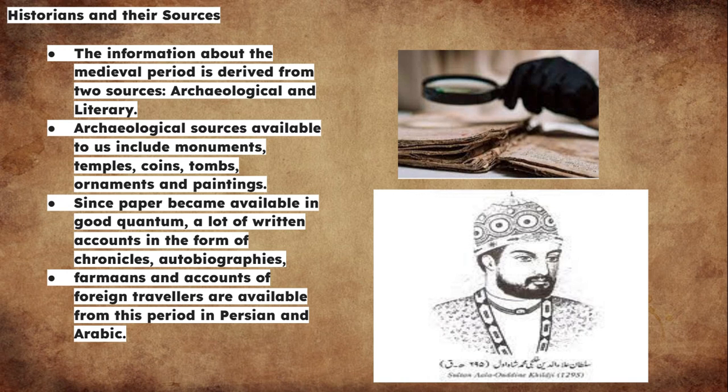Since paper became available in good quantity, a lot of writings in the form of chronicles, autobiographies, and accounts of foreign travelers are available from this period in Persian and Arabic.